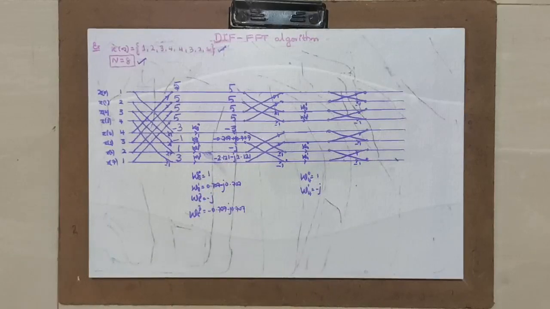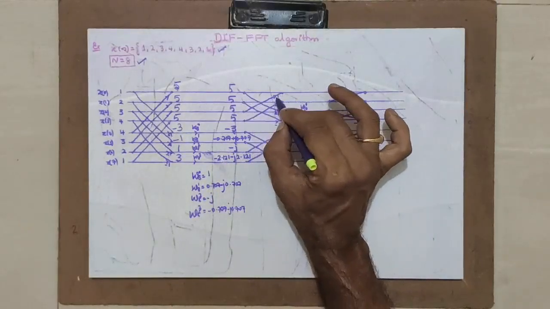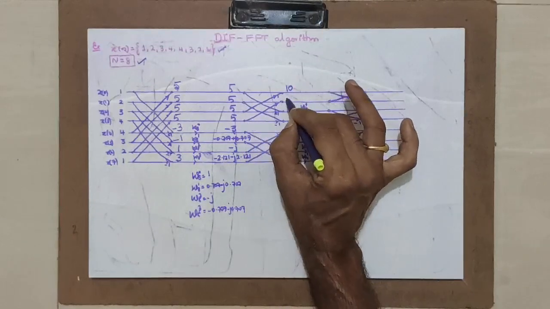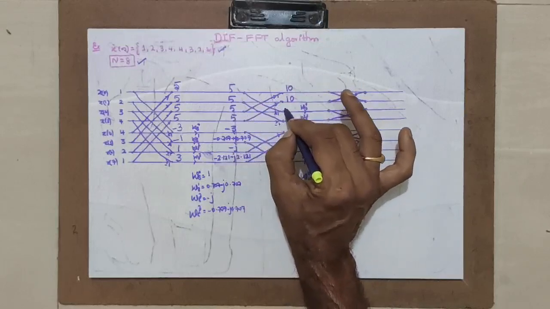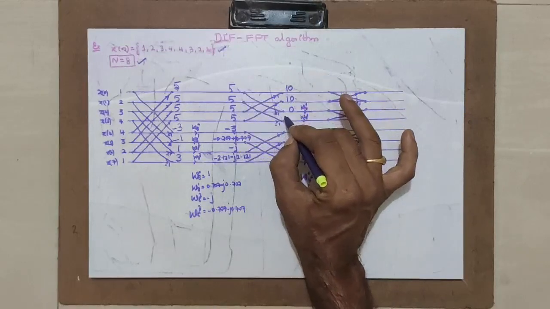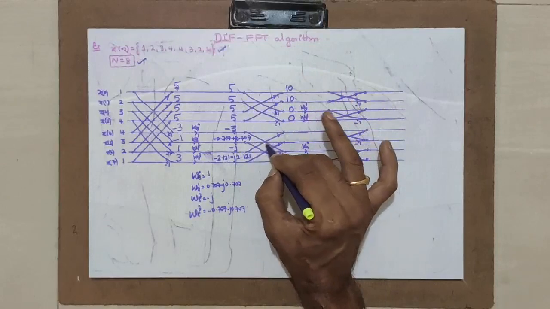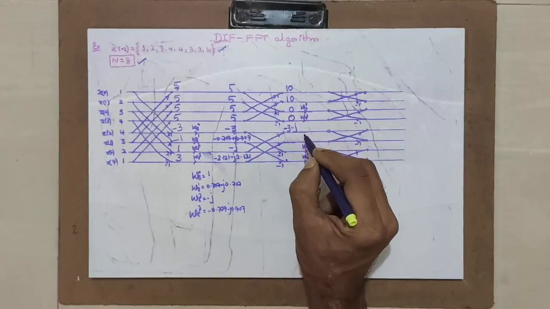Now coming to the next stage, 5 and 5 added gives you 10. 5 and 5 added gives you 10 here. 5 minus 5, you see minus 1 is there, hence it is 0. Minus 3 minus j.